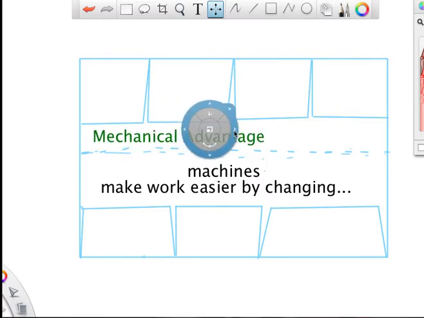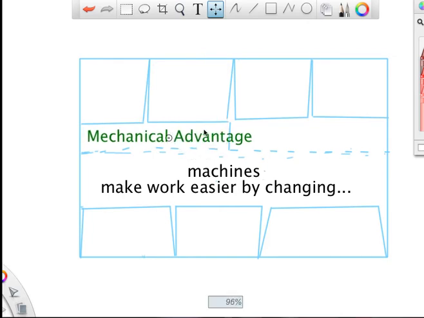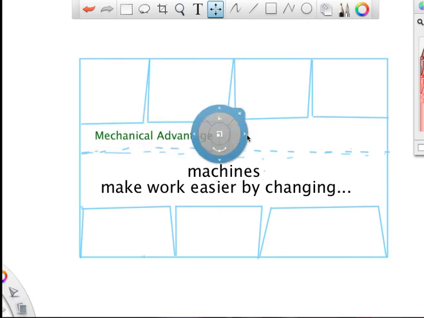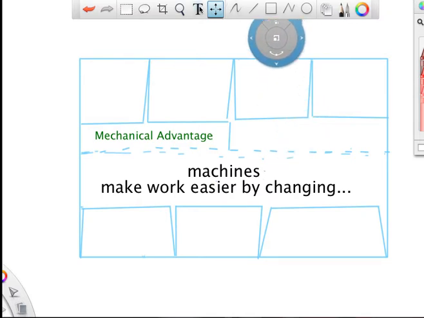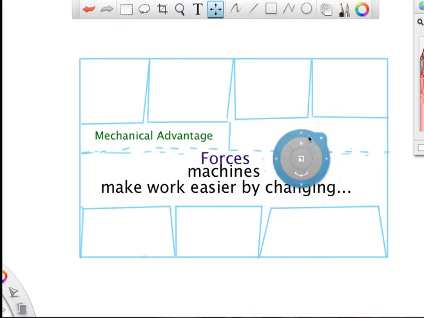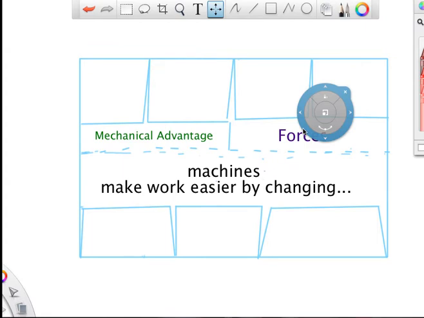I'm going to shrink this down a little bit so it'll fit. And then in here we have text that says forces. We'll change that to a different color. That's going to fit right in here. So those are our 3 parts that we're going to discuss.